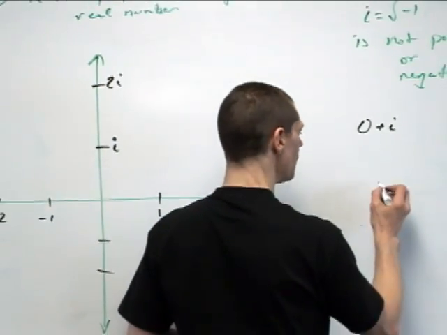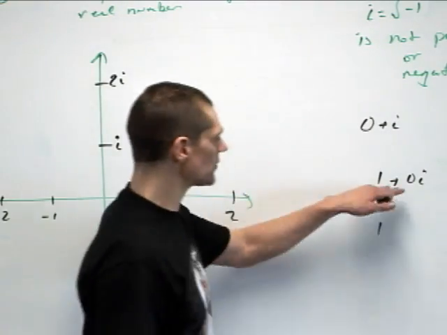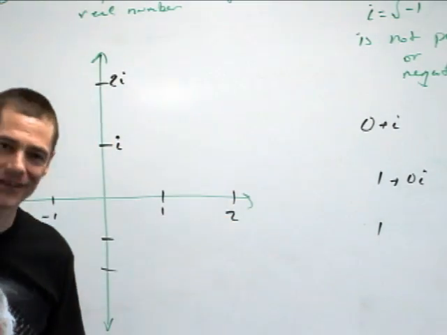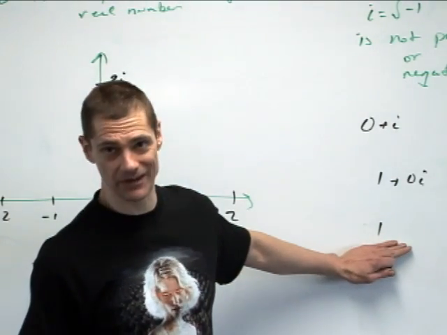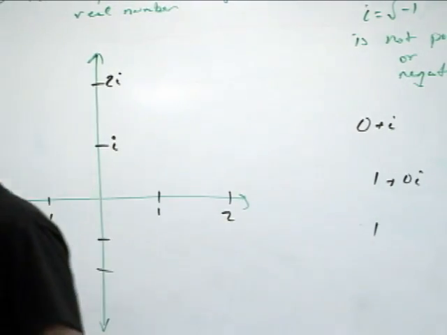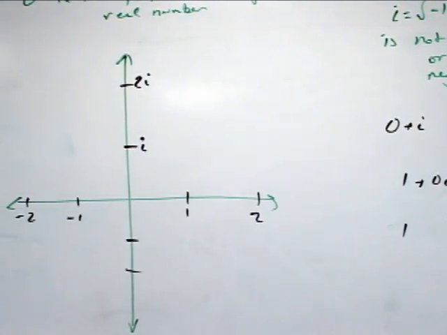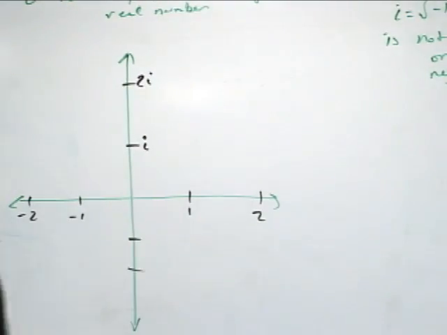If we write 1, we should write 1 plus 0i. The reason is because 1 plus 0i is a complex number. 1, without the proper context, is a real number. It's the one you know is real. I am a somewhat retentive mathematician, and I think that these distinctions should always be apparent and clear. I'm in the vast minority on that.